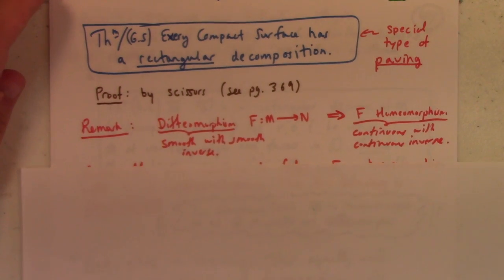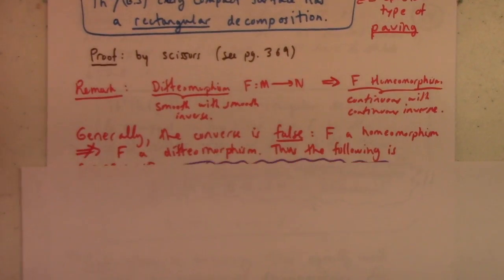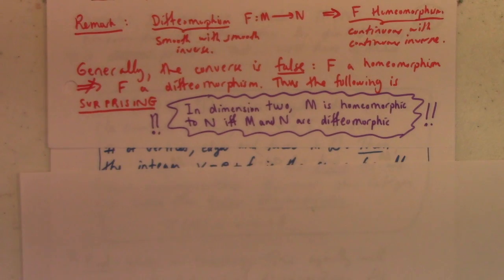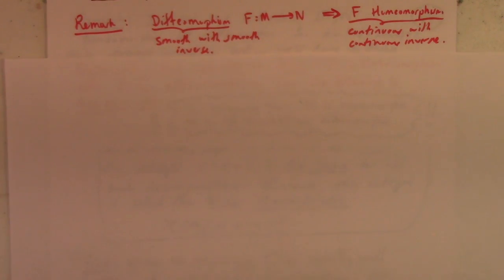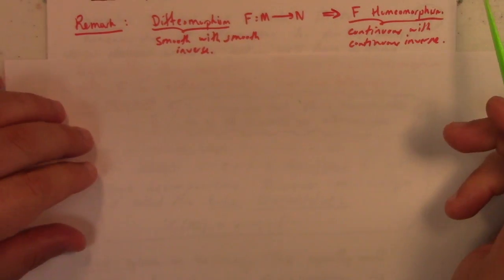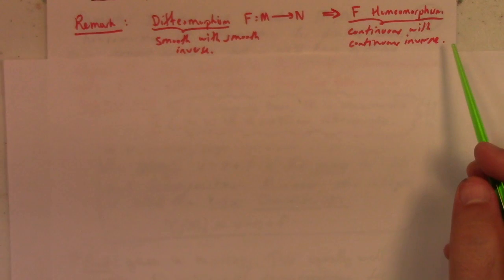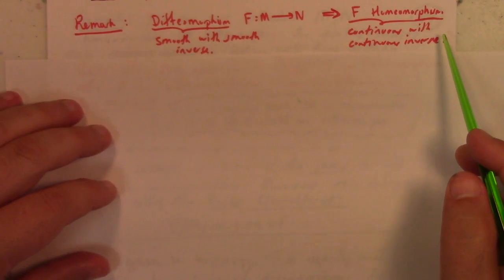Now, let's talk a little bit about the difference between topology and differential geometry. Topology is concerned with what are the open sets, and also what are the continuous maps. A map is said to be continuous in topology if it has the property that the inverse image of open sets is open.